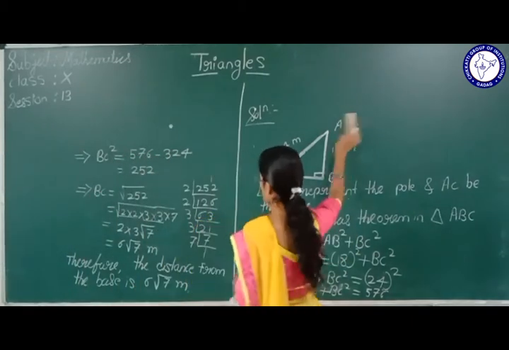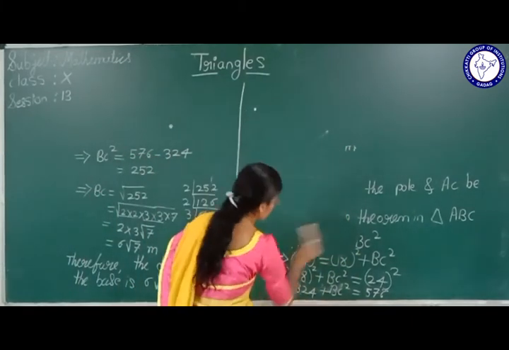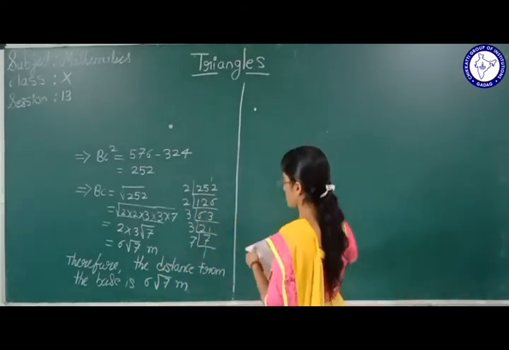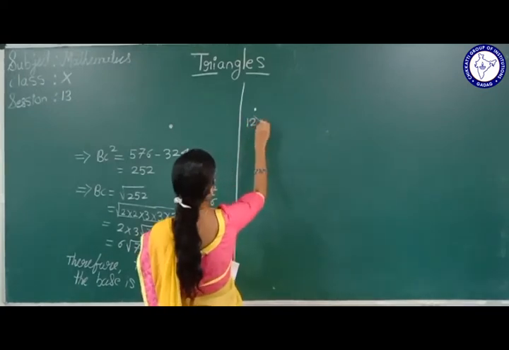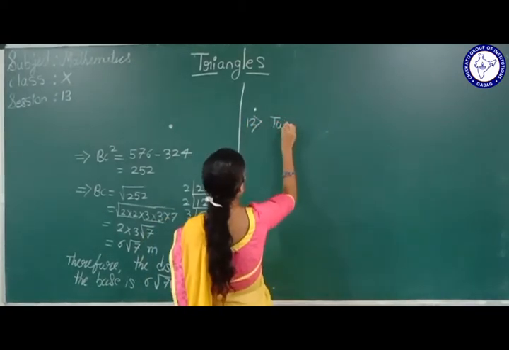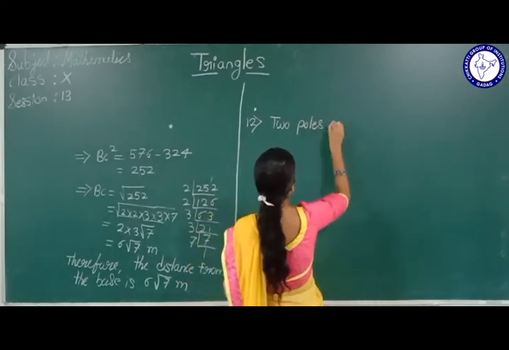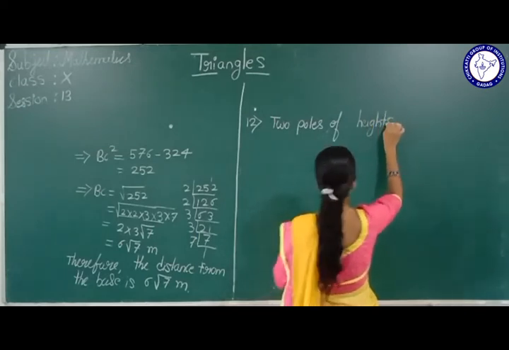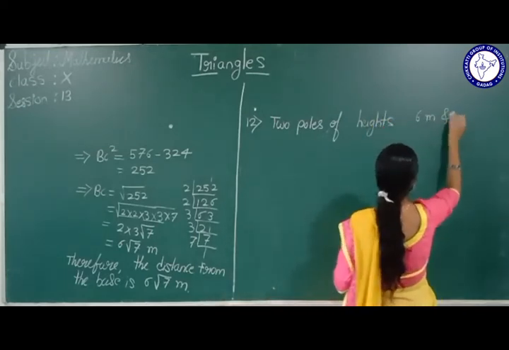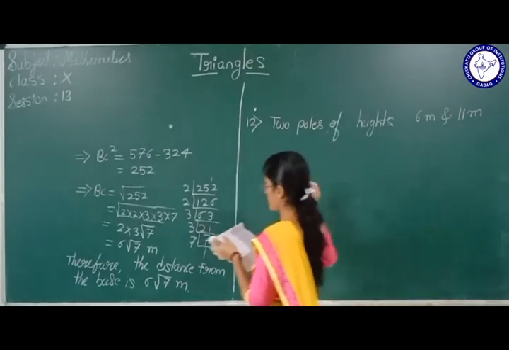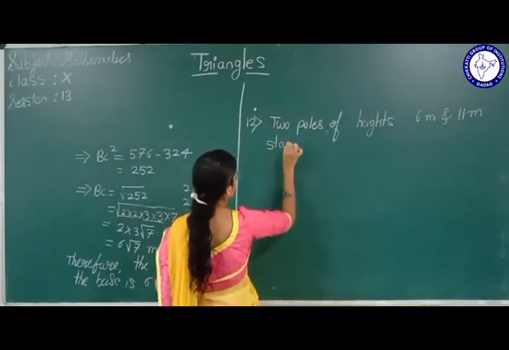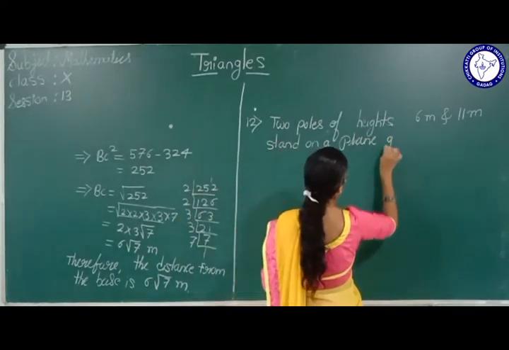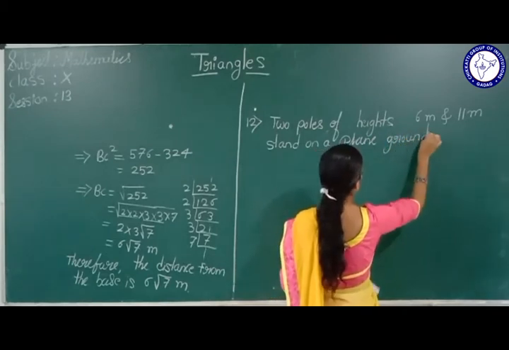So now we will see the 12th problem. We will go for the 12th problem. That is, two poles of heights 6 meter and 11 meter stand on a plain ground.